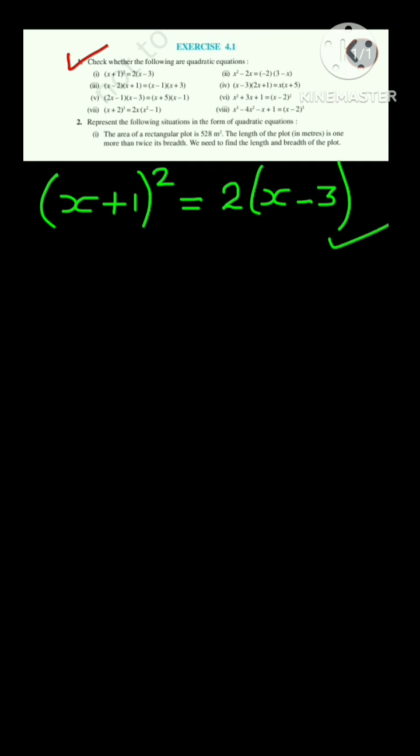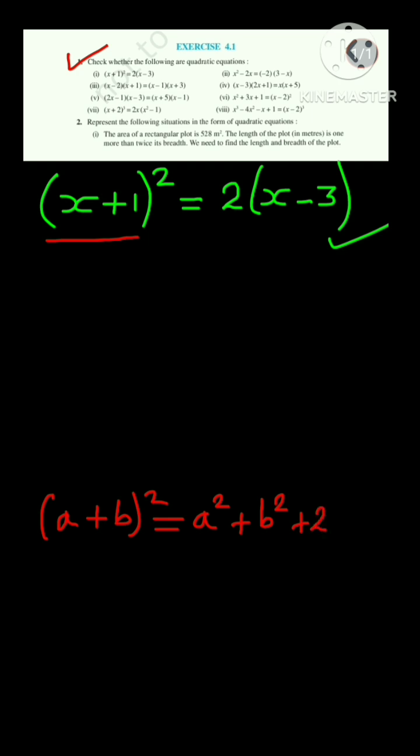So in its LHS it has x plus 1 whole square, and as we know it is in the form of the identity a plus b whole square, right? And its expanded form will be a square plus b square plus 2ab. In the same way we can expand this expression too, right?